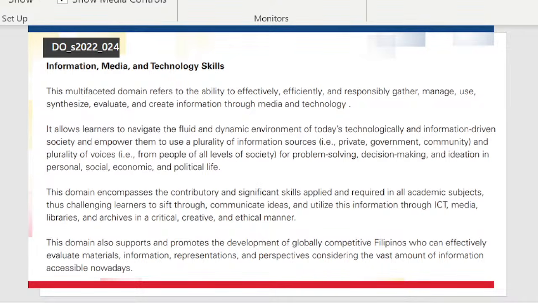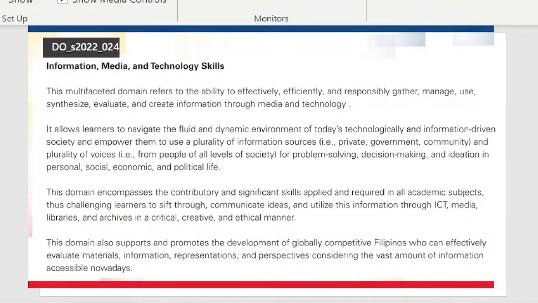So let's discuss the first. This is the information, media, and technology skills.